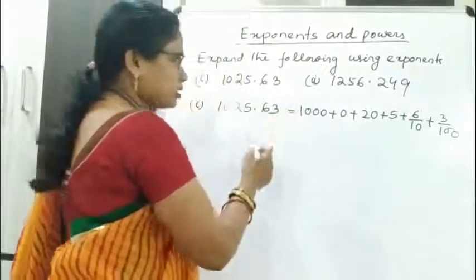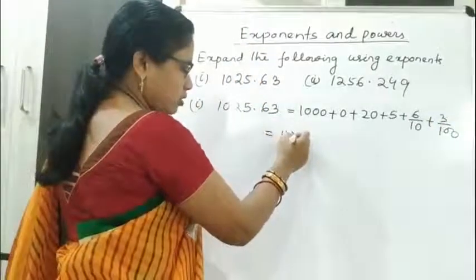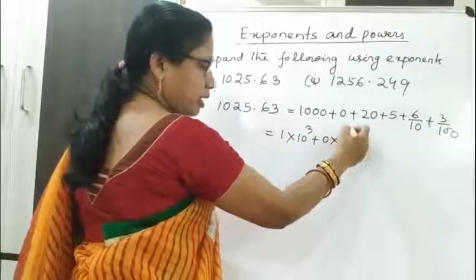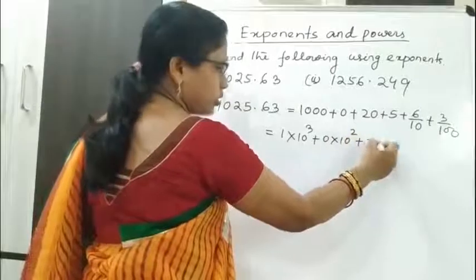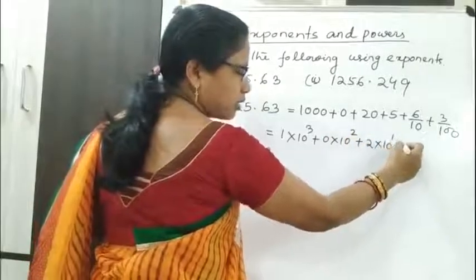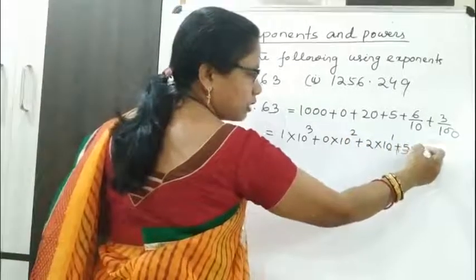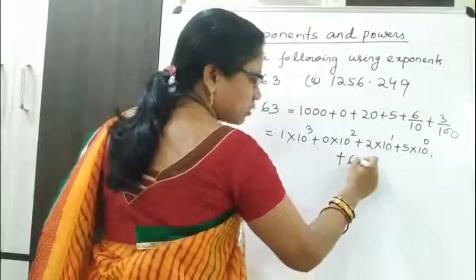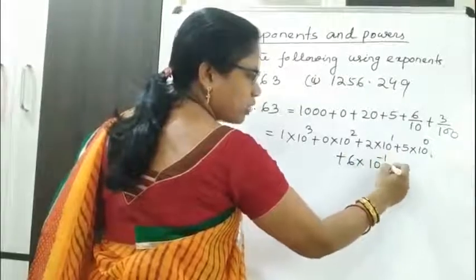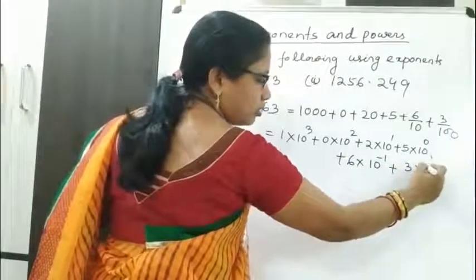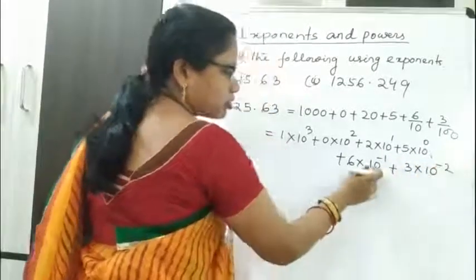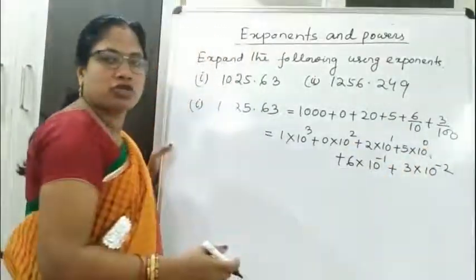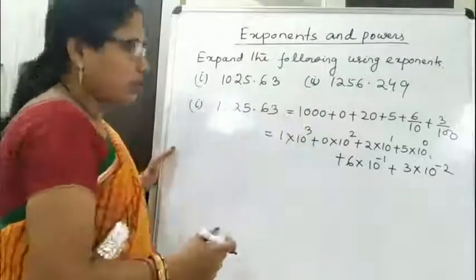But in exponential form we can write it as 1 into 10 to the power 3 plus 0 into 10 to the power 2 plus 2 into 10 to the power 1 plus 5 into 10 to the power 0 plus 6 into 10 to the power minus 1 plus 3 into 10 to the power minus 2. So 10 to the power minus 1 is equal to 1 by 10 and 10 to the power minus 2 is equal to 1 by 100.